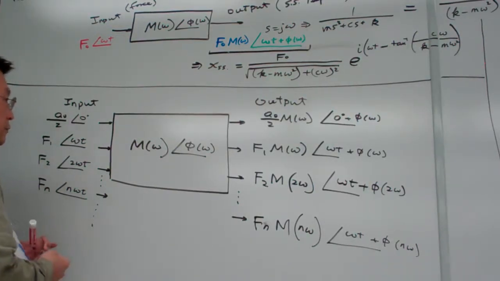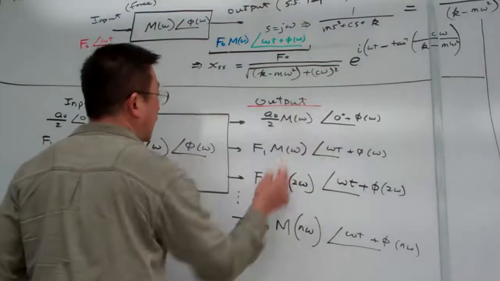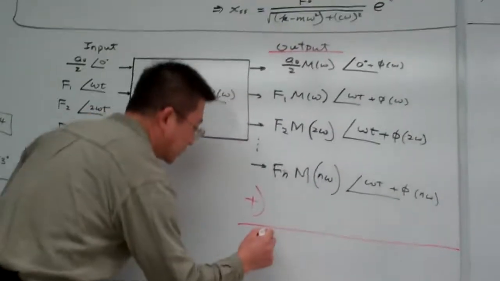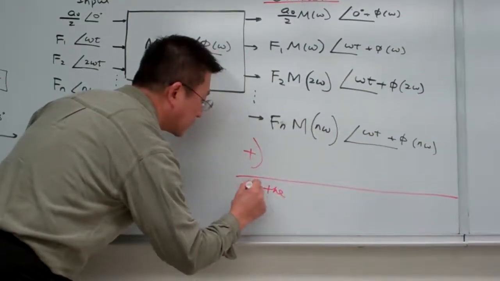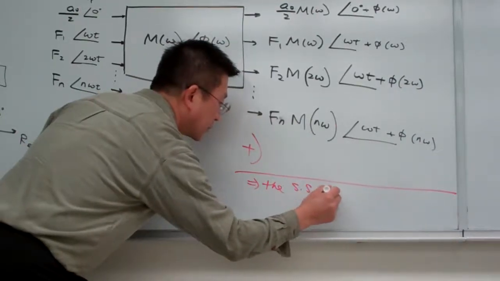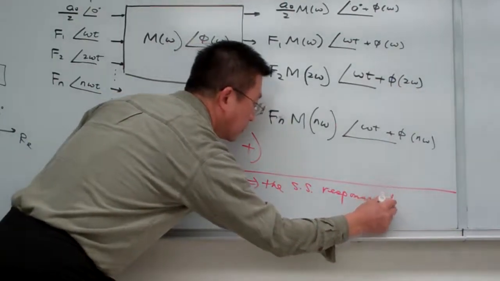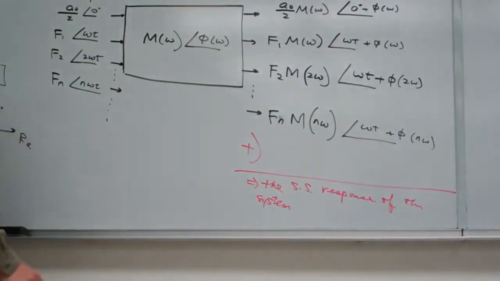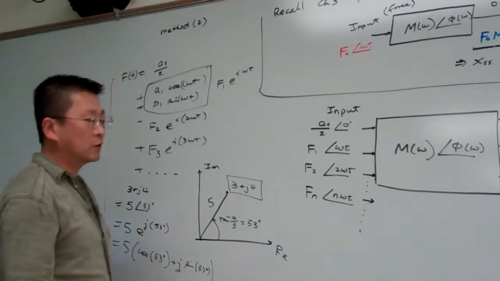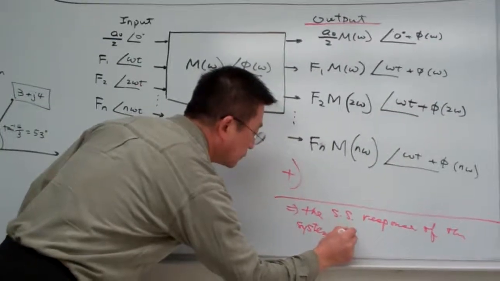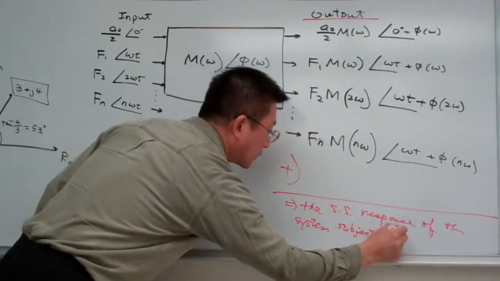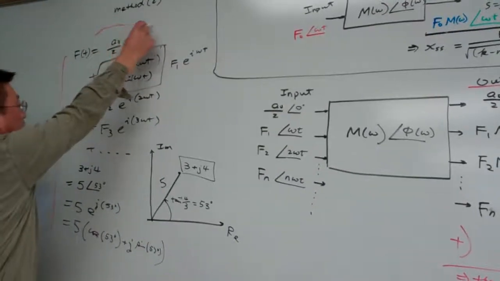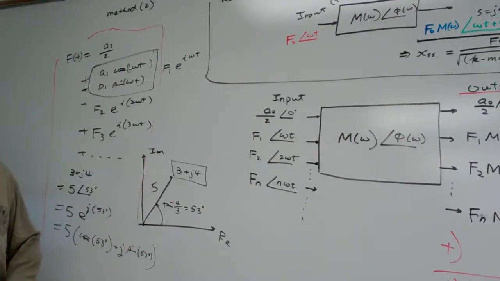So basically the total response, the output, will be the summation of all the terms. That gives us the steady state response of the system. Substitute this kind of force, F(t) equal to so many terms, and you can write it out. That is a combination of these terms here.